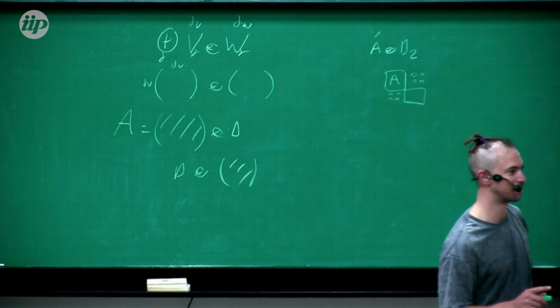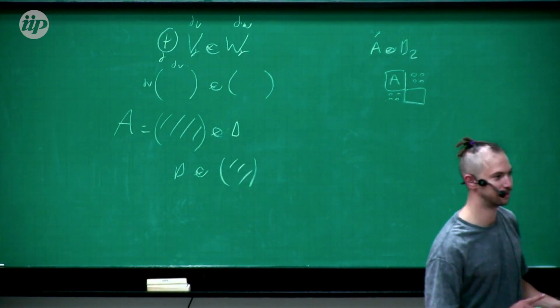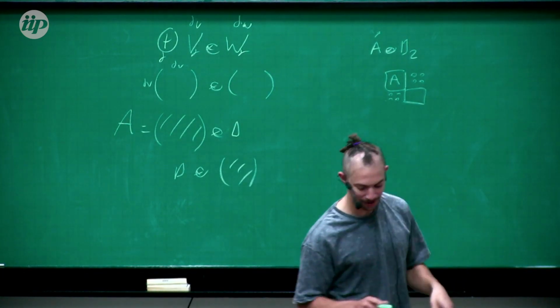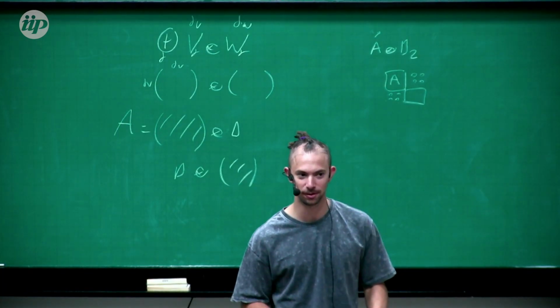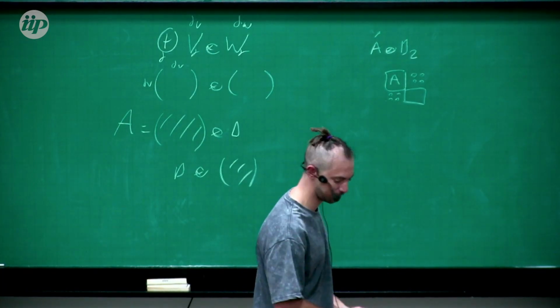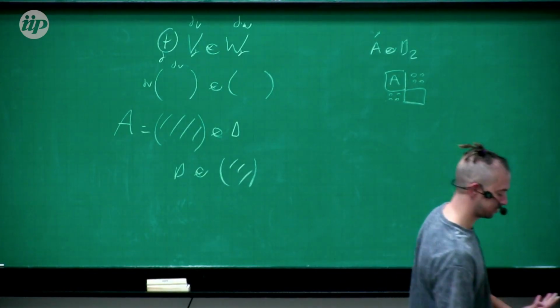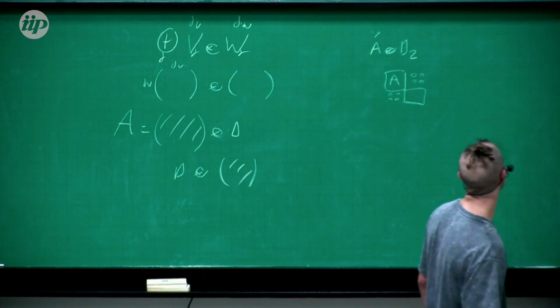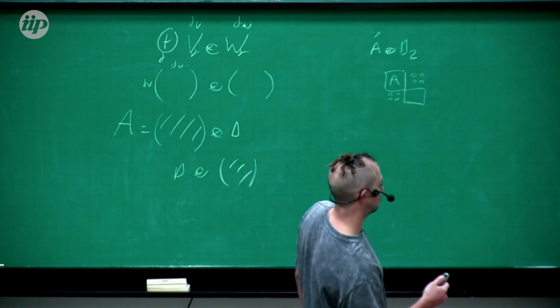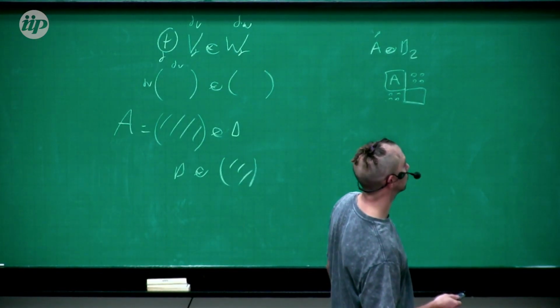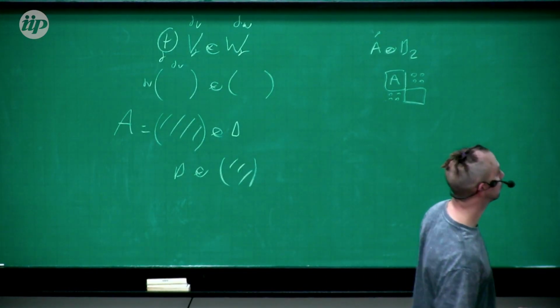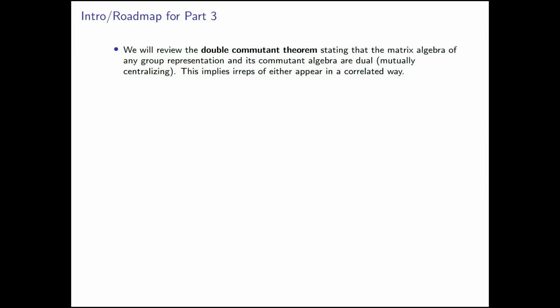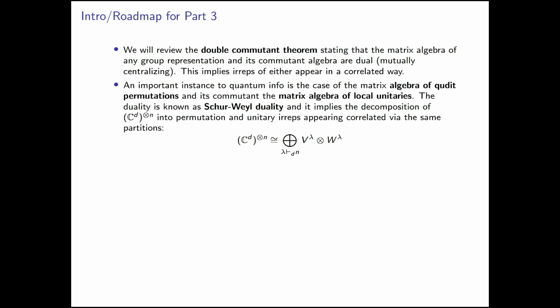It's a good time to ask something. No, okay, we start. As I said, we will review the double commutant theorem. It implies that this block structure happens in a correlated way.